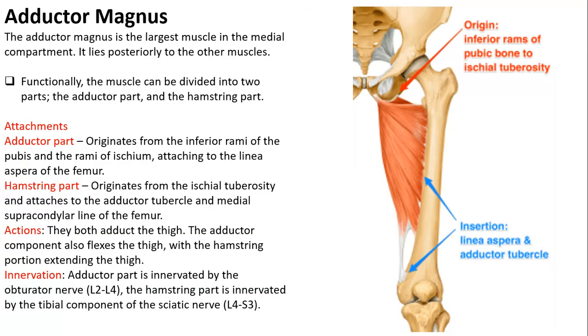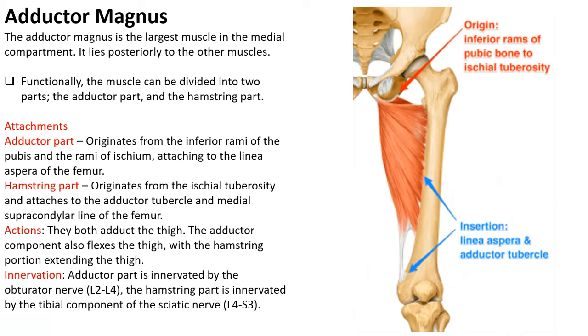Then is the Adductor Magnus muscle. Magnus means a big one, so it is a big adductor muscle. Functionally we divide it into an adductor part, and it lies in the medial compartment of the thigh, so it is called Adductor Magnus. Otherwise, this muscle has dual action.